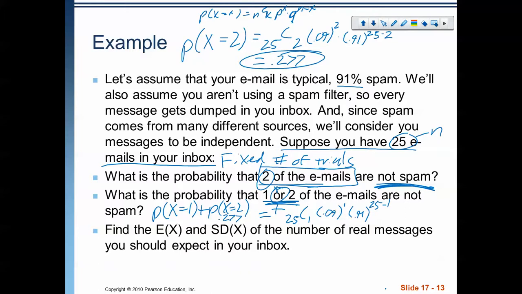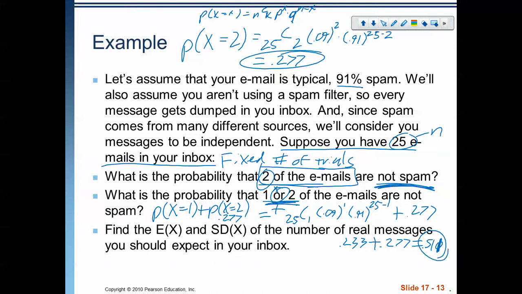And then we're adding 0.277 to that because that's the P of x equals 2. So I'm using my calculator to figure out what this first one is, and that is 0.233 plus 0.277, which is 0.510. Rounded correctly, 0.511.